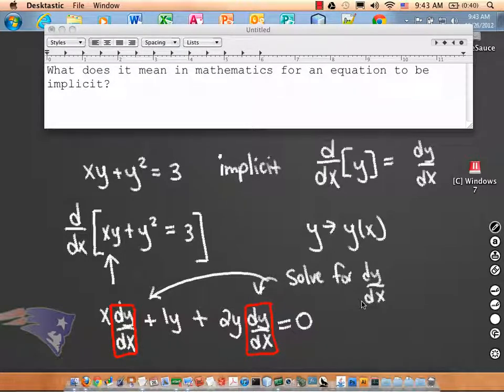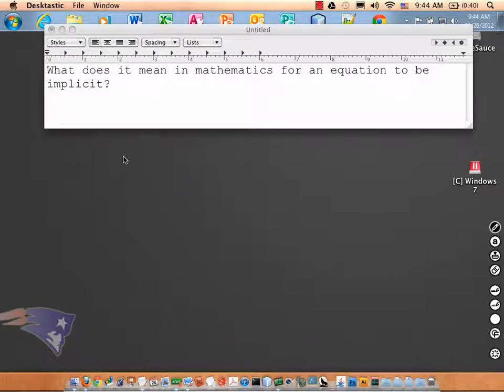To solve for dy/dx, I get everything that's not a dy/dx on the other side of the equation. So what is the one term here that's not a dy/dx term? Y. So I'm going to subtract y to the other side. That gives me (x plus 2y) dy/dx equals negative y.